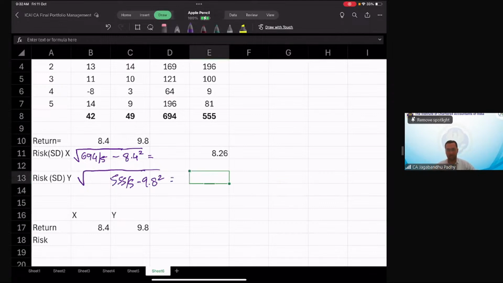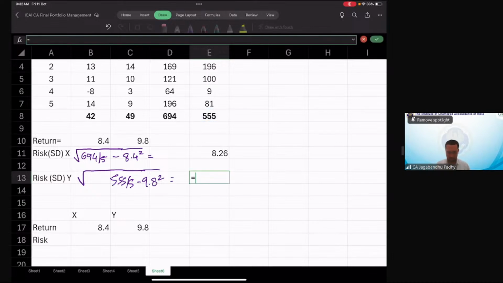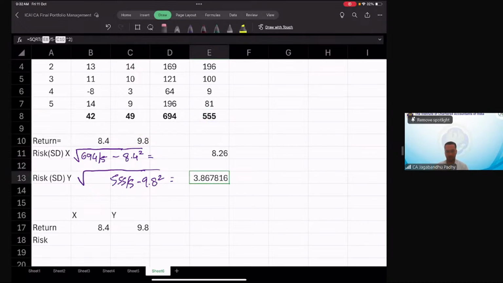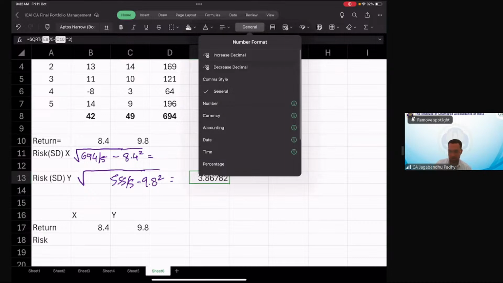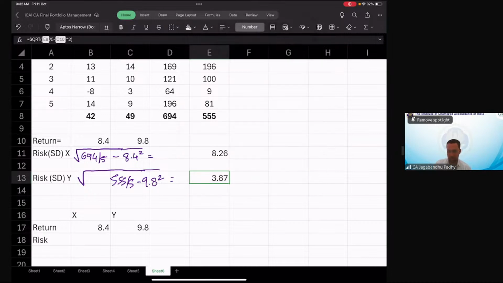So that gives us the standard deviation or risk of Y to be square root of 555 divided by 5 minus 9.8 square. So we can say that the risk is 3.87. Risk is 3.87. Right?